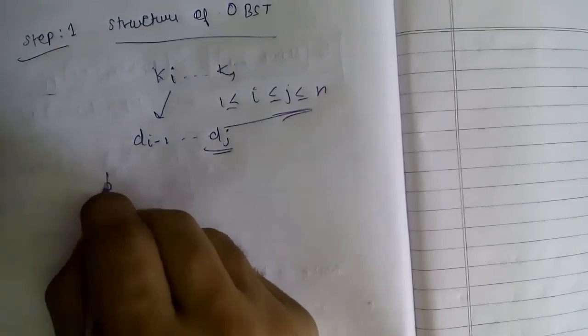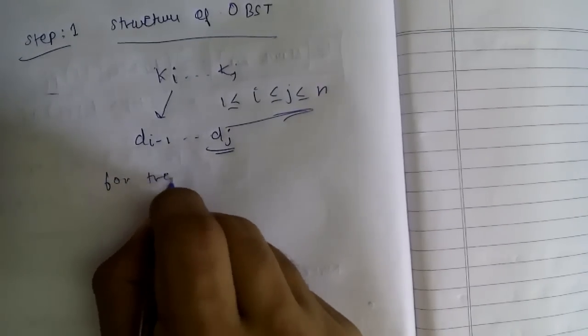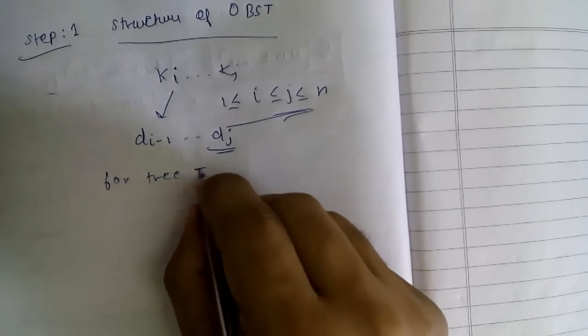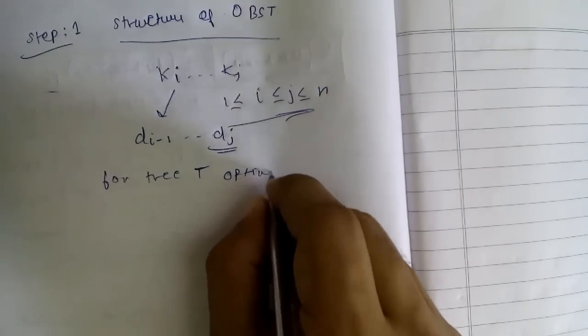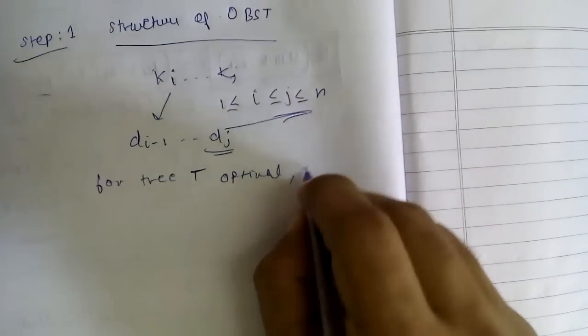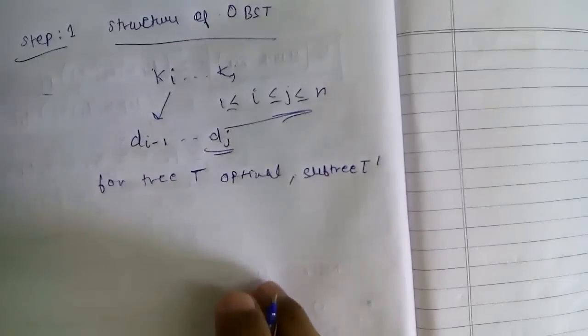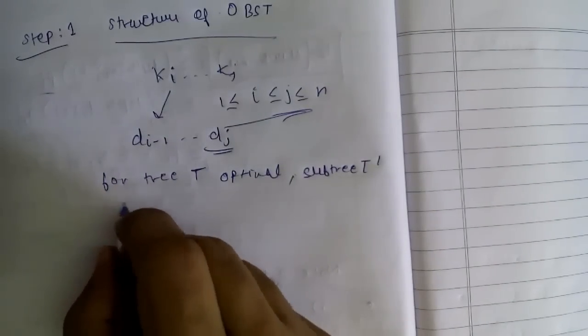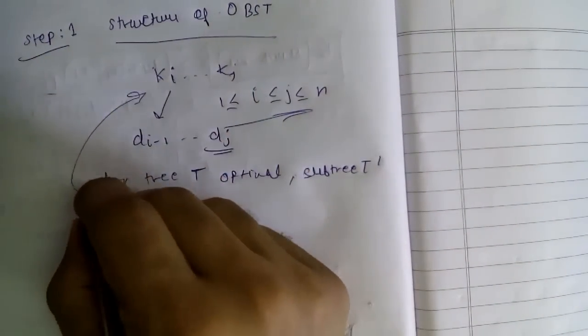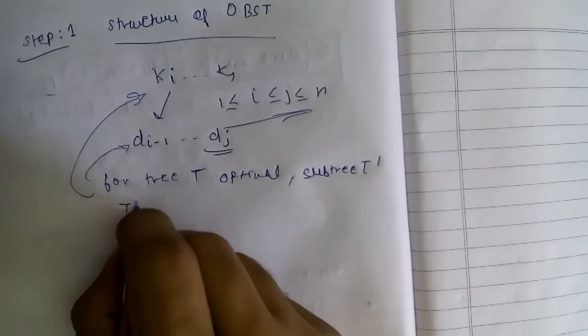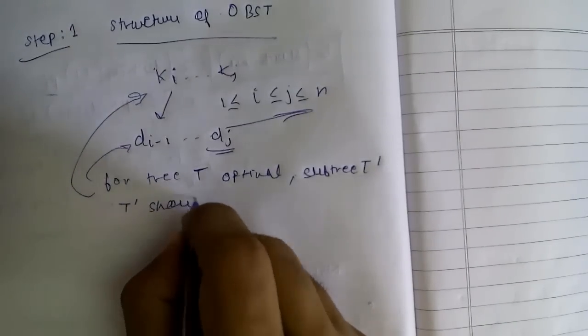So for a tree T to be optimal, its subtree T dash, having these keys and these dummy keys, should also be optimal.